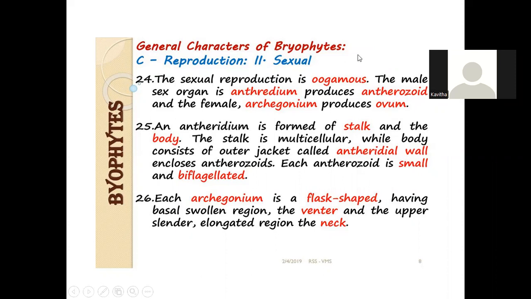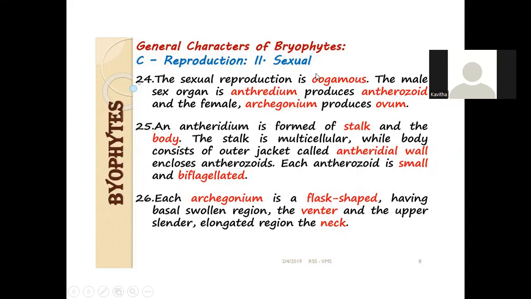From the sexual organs, they produce the sexual gametes. That is why we call the thallus the gametophyte.